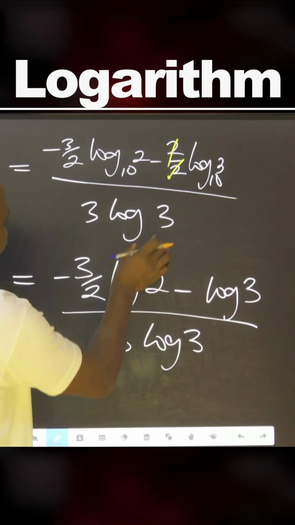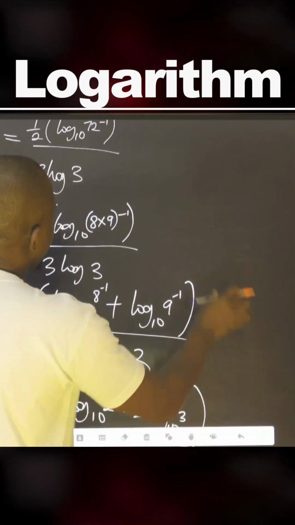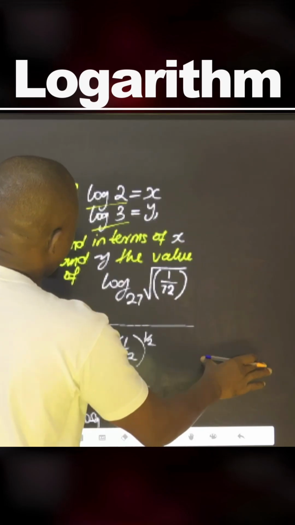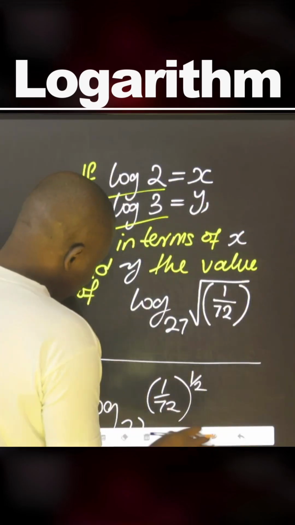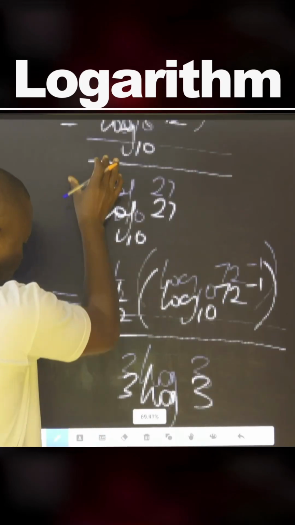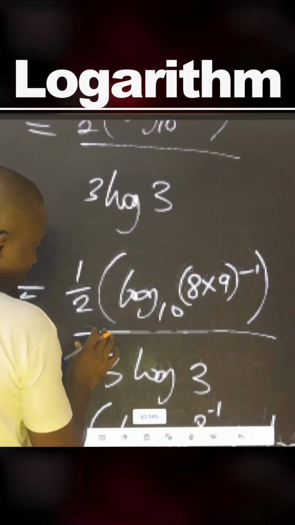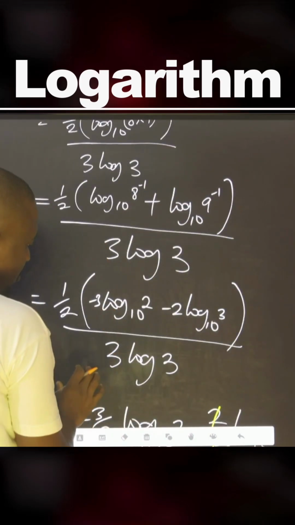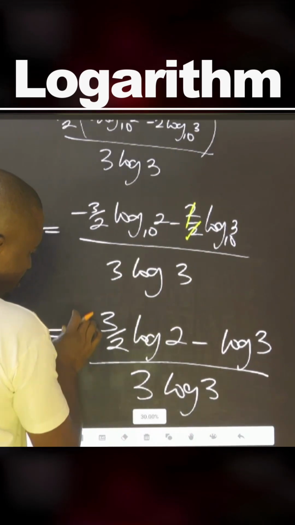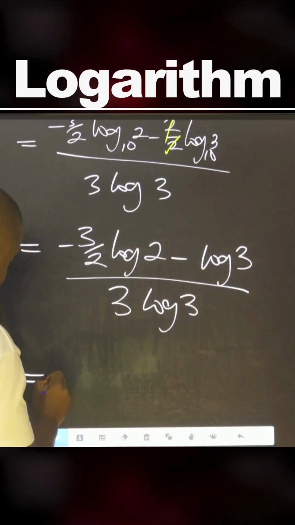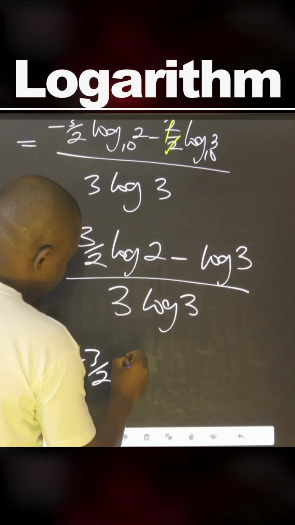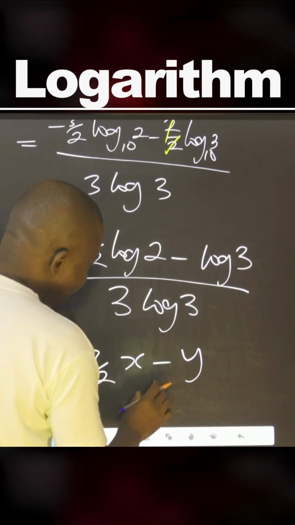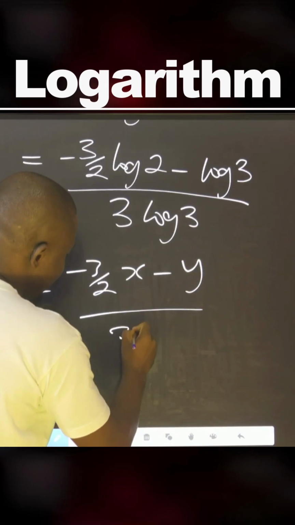So now let's go back and see again what the question is all about. Log 2 is x, log 3 is y. That is to say, this over 2, this is what? x minus y over 3y.